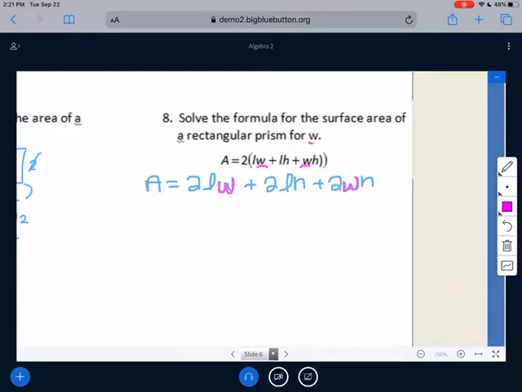Our goal is to solve for W. So maybe this will help answer that question from the last one. We noticed that this term and this term have W. So that means I want to get rid of the middle term, which is being added because it doesn't have a W.